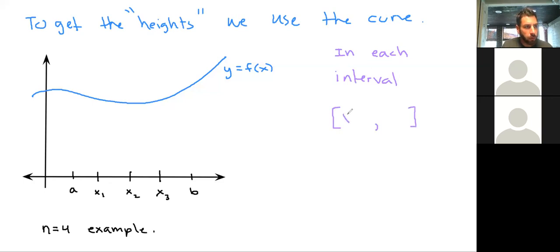The first coordinate is x sub k minus 1, and the next coordinate is x sub k. These subscripts are very difficult for us when we first see them. But just look at this picture down here. If I'm looking at this particular interval, x sub 2 to x sub 3, who's the right-hand guy? Well, it's x sub 3. Now that subscript is 3. So the guy on the left-hand side of that interval, what number is 1 less than 3? Well, that's 2.